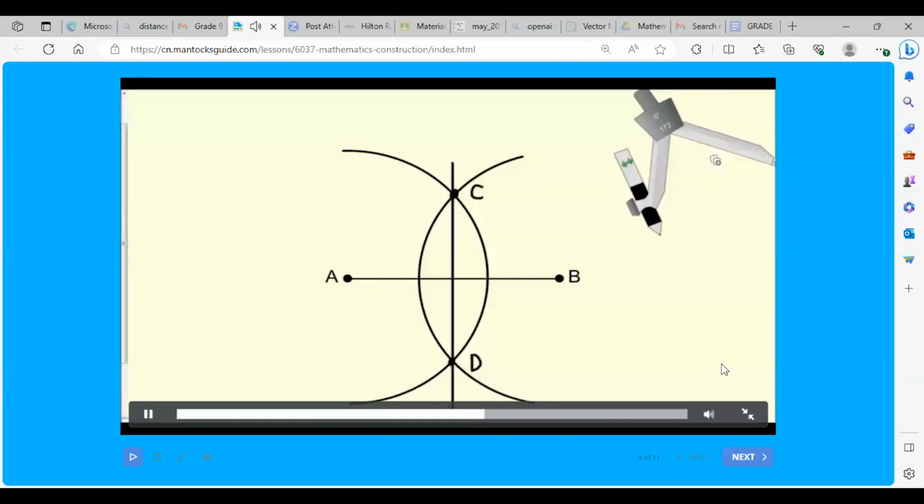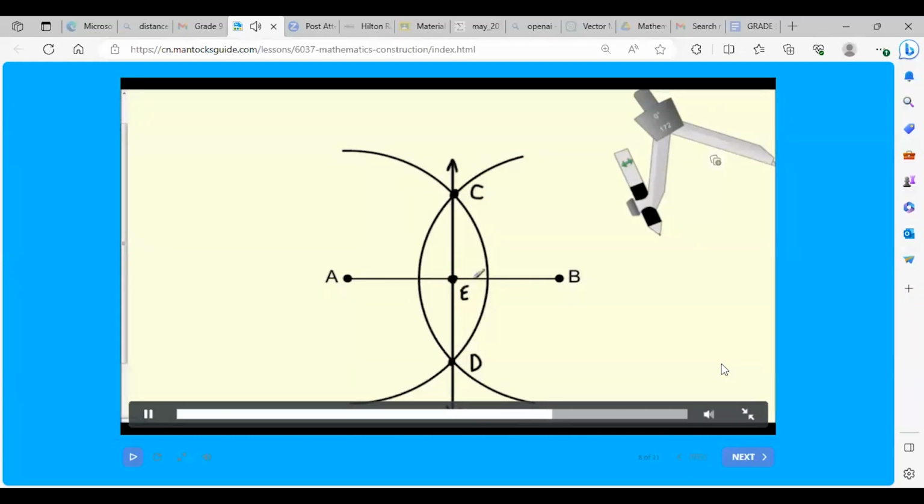Yeah, that's better. Now we note that line CD, we'll give arrows just so that we know that this line will go on forever in either direction. But we could say that line CD is the perpendicular bisector of line segment AB. Next we're just going to label this intersection point here. We'll call it E.